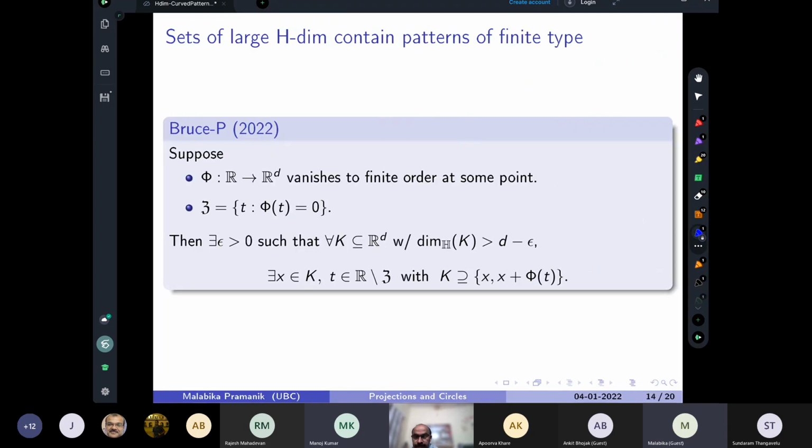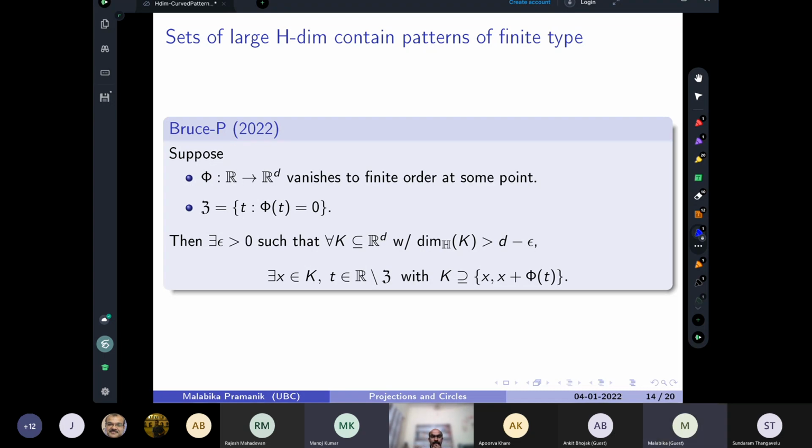Okay, all right. So here's the main result, joint with Benjamin Bruce. The first result says that suppose you have phi vector valued in dimension D, which vanishes to finite order at some point. And suppose that Z is the zero set of phi.